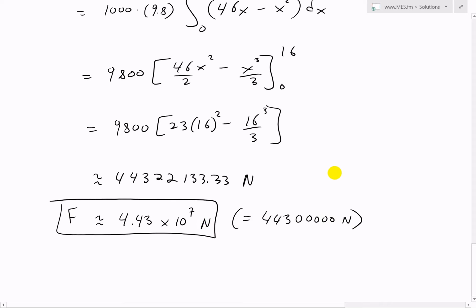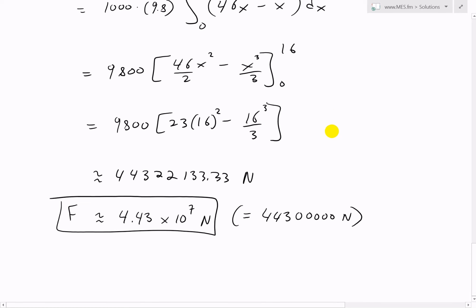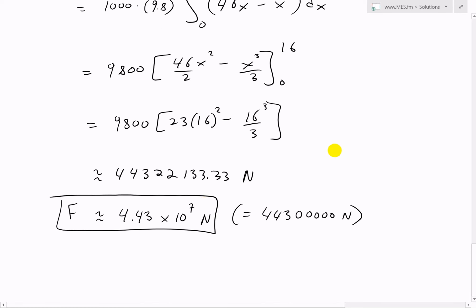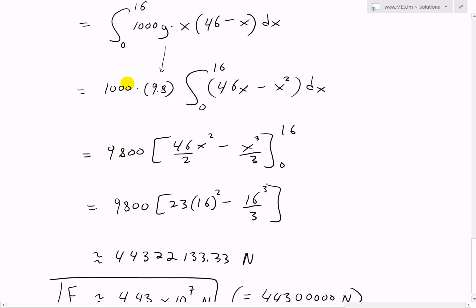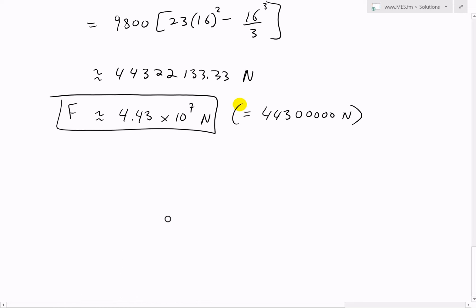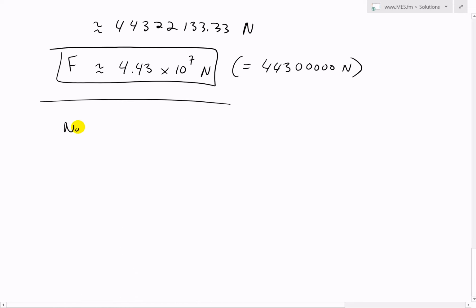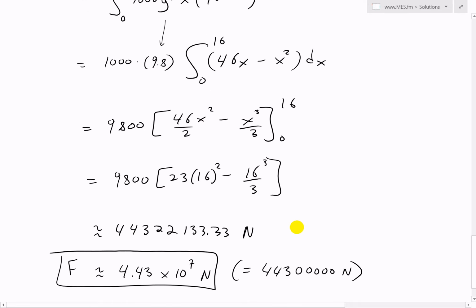Another interesting note is if you don't want to just assume that it's newtons, you could just keep the units in every single case. So I'll just put a note here: can keep units if you don't want to keep track of it. So let's go up to this point right here and write all our units.